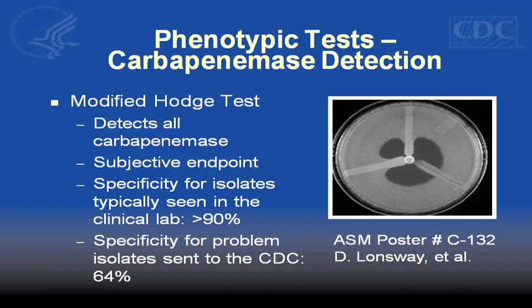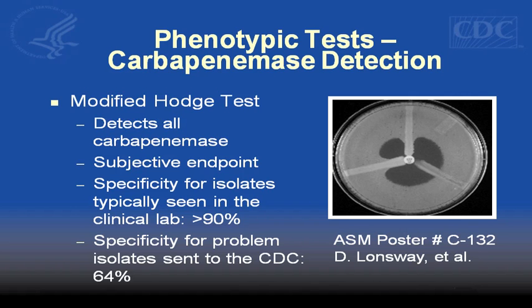Also, there are problems with specificity. If you go into a laboratory and you test your normal population of Enterobacteriaceae, it's a pretty specific test. We measured that specificity, and it's greater than 90%. But then we also looked at the problem isolates that were sent to the CDC, and for these isolates, the specificity fell to 64%. And that's low.